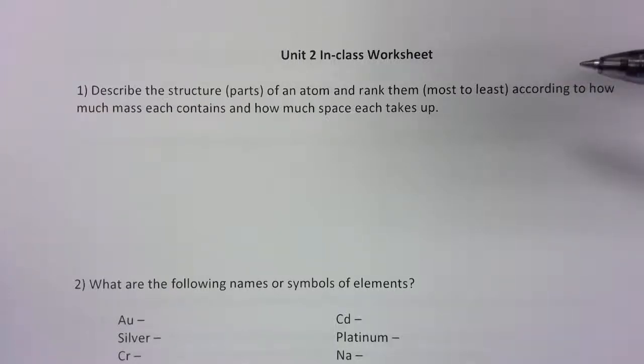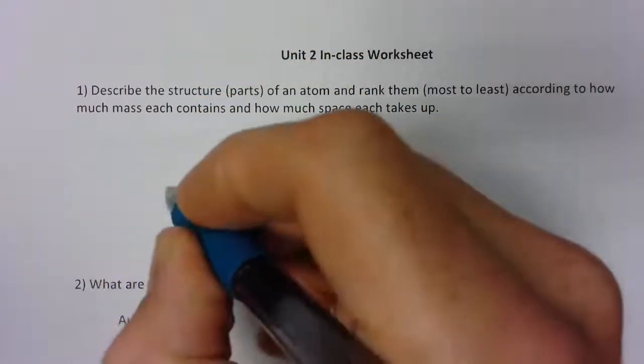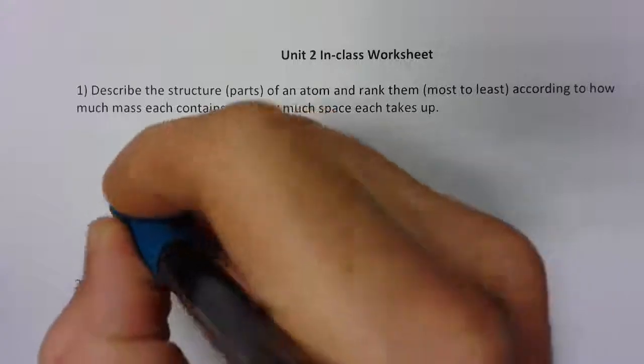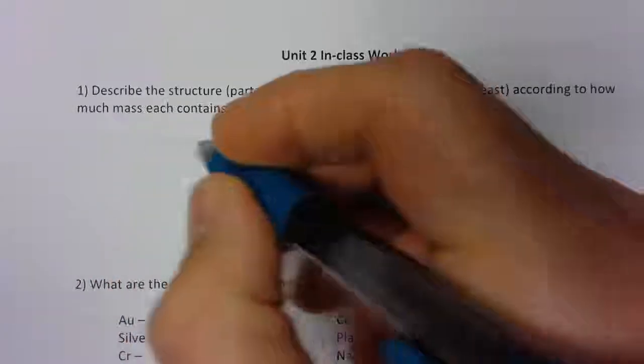Number 1 says, describe the structure or the parts of an atom and rank them most to least according to how much mass each contains and how much space each takes up. So if we describe the structure of an atom, what we're doing is assigning a location for each of these subatomic particles.